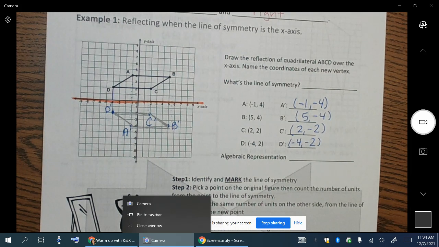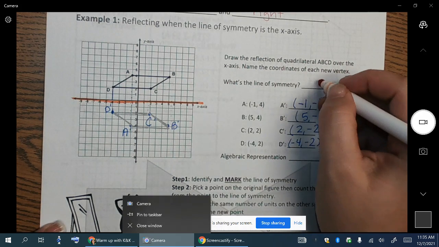It should make the same shape. It is still a parallelogram, but is it facing the same direction? No. It's a mirror. So when you reflect something, it does change the orientation. It looks like you're trying to build a paper airplane. It looks like you're trying to build a box.